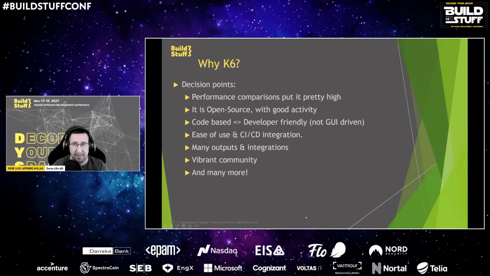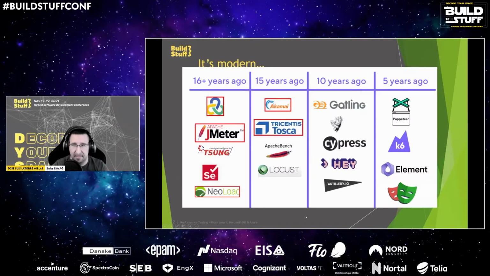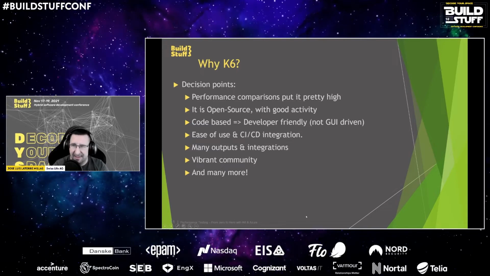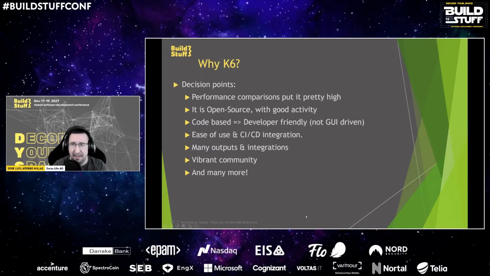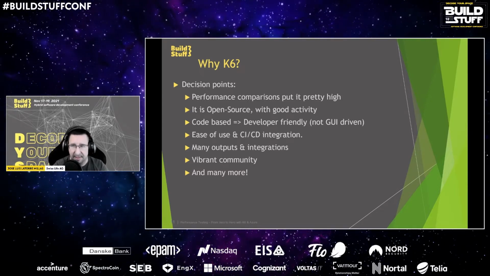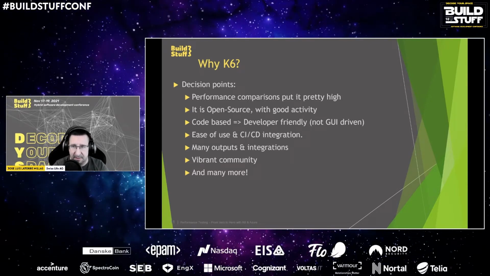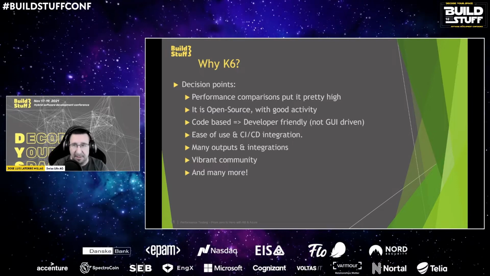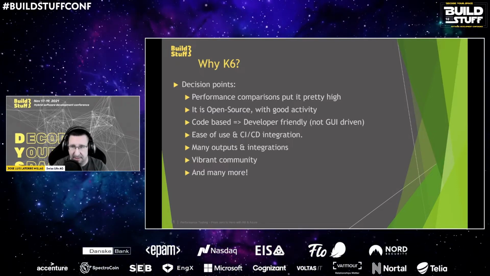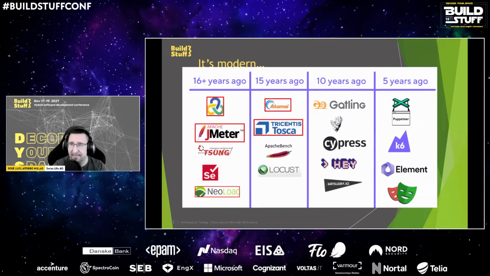It's easy to integrate in any pipeline, and it has many outputs and integrations. K6 has been recently acquired by Grafana, which is another plus because Grafana is also very deep into open source, and the community they have is amazing, and they are adding a lot more things that I'm not mentioning here.